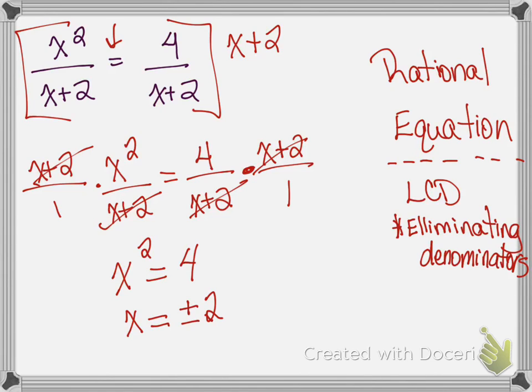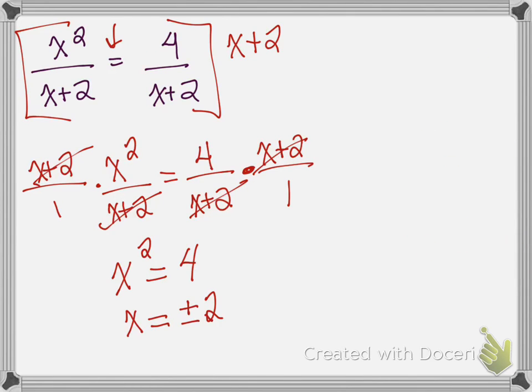Plus or minus 2. Now, in this situation, I've got to go back and check. If I plug 2 in for x, that'll give me 4 in the denominator. Is it okay to have 2 plus 2, or 4, in the denominator?